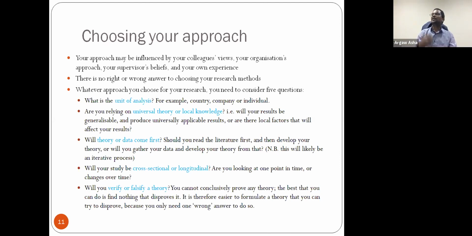And how are you going to verify or falsify your theories? It's very important. At the end, you can verify that your theories are working. That means you can give the data, formulated theory based on some developed theories or from other data for your analysis case.